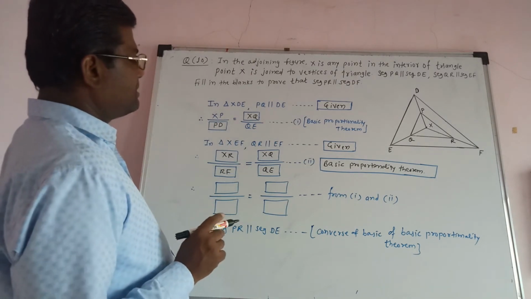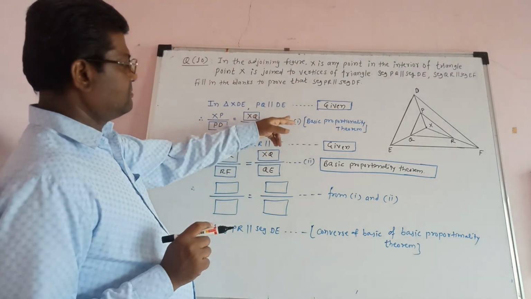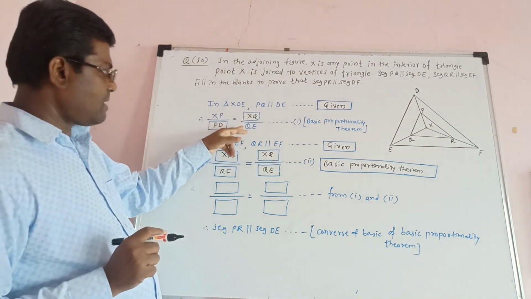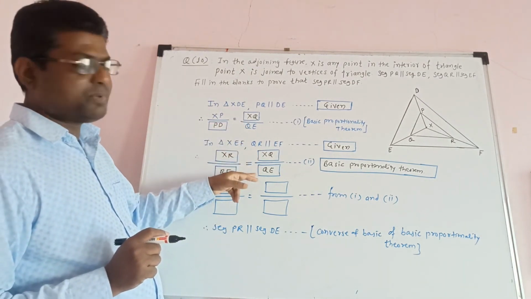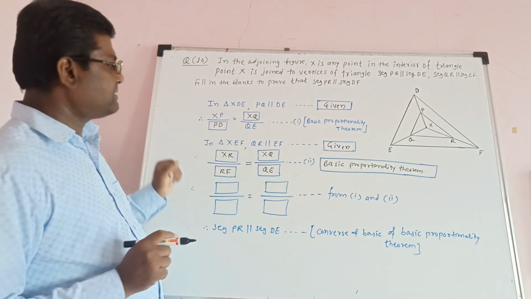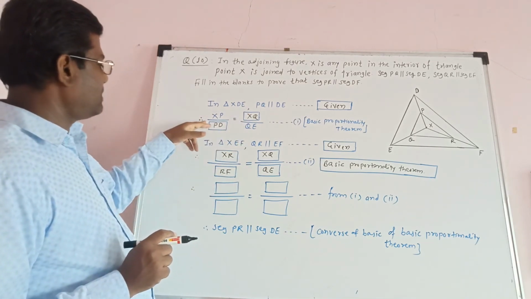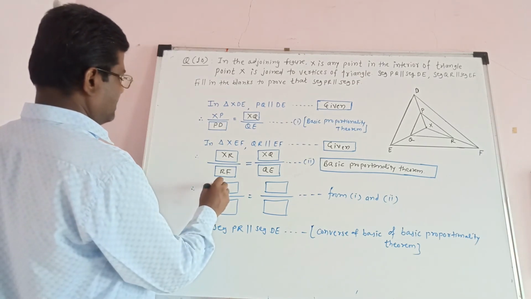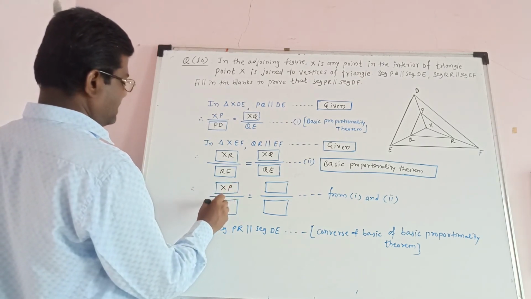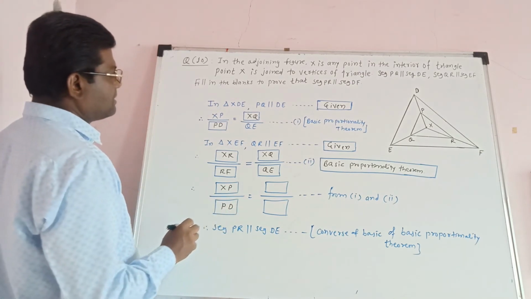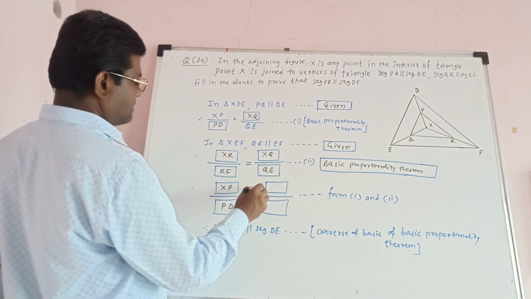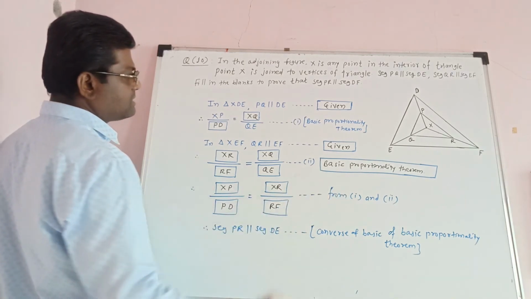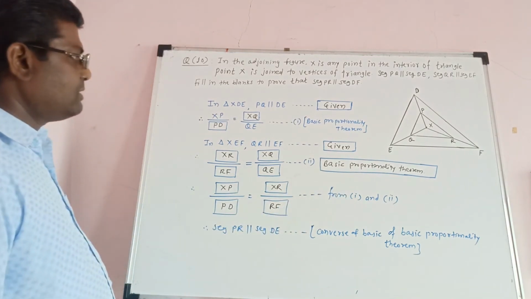Now let us see equation 1 and 2. Here is the XQ upon QE, XQ upon QE. Right sides are equal, therefore left sides are also equal. Therefore we write XP upon PD is equal to XR upon RF from equation 1 and 2.